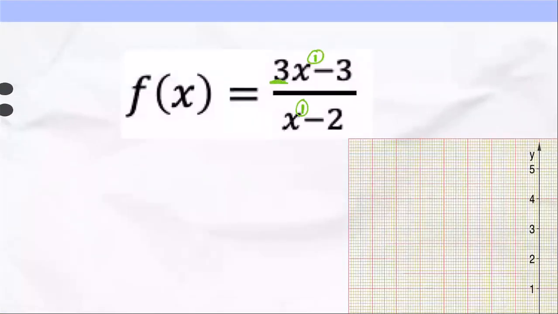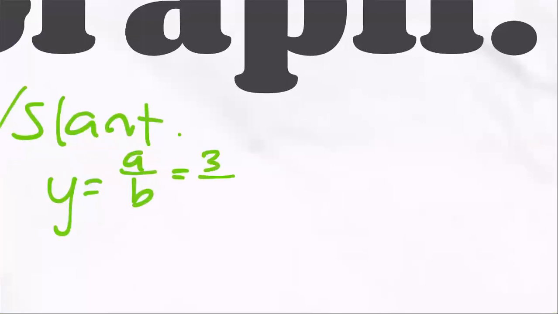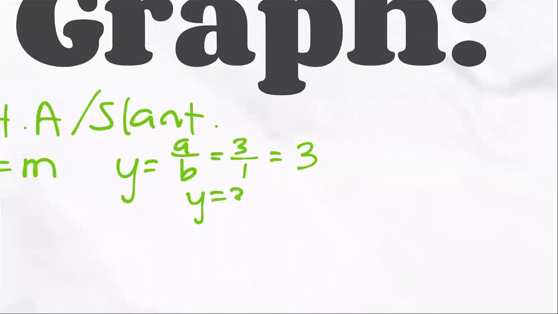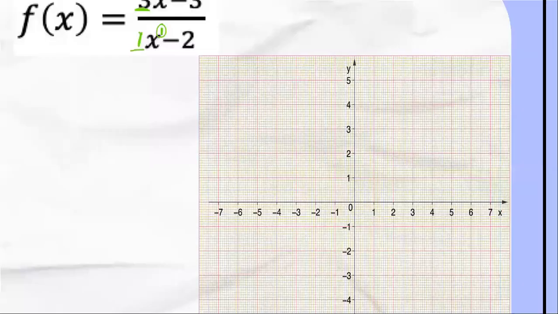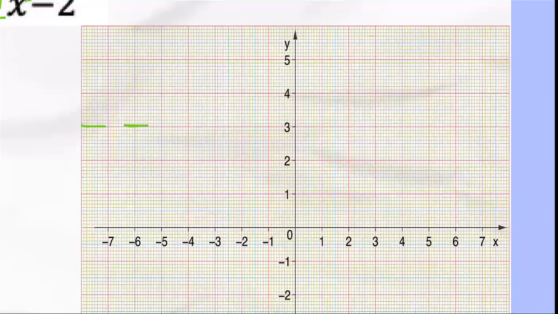My a is 3, my b is 1. And 3 over 1 is just 3. So the equation y equals 3 is my horizontal asymptote. So let's go ahead and draw that. I know that I'm going to have this horizontal line here that creates a barrier on my graph.